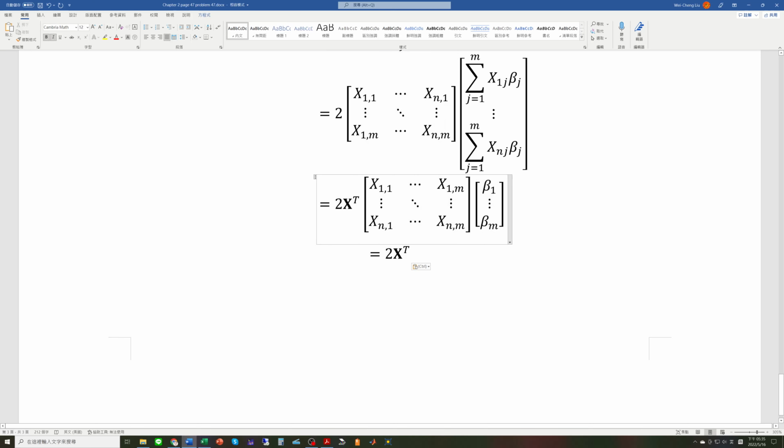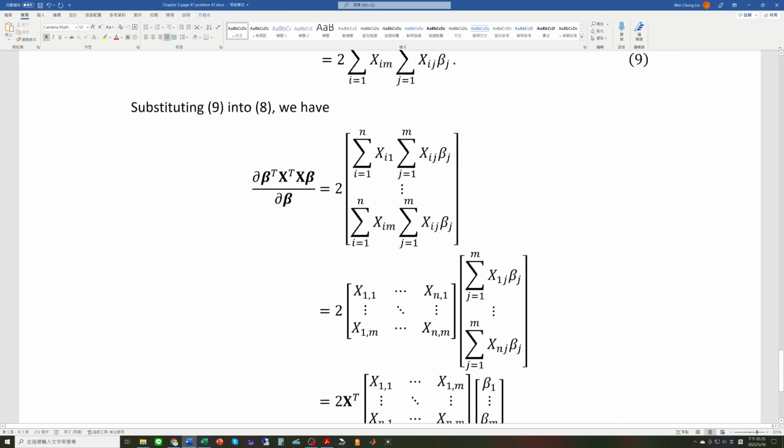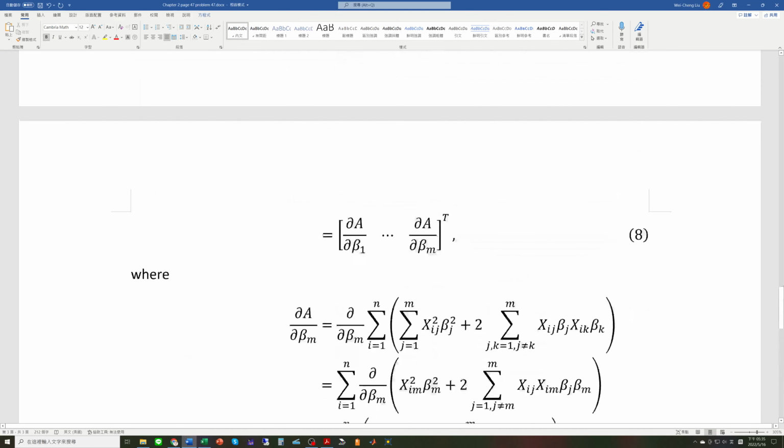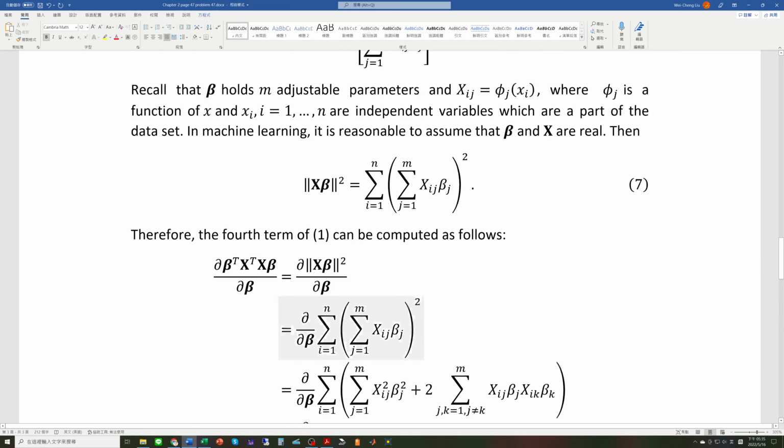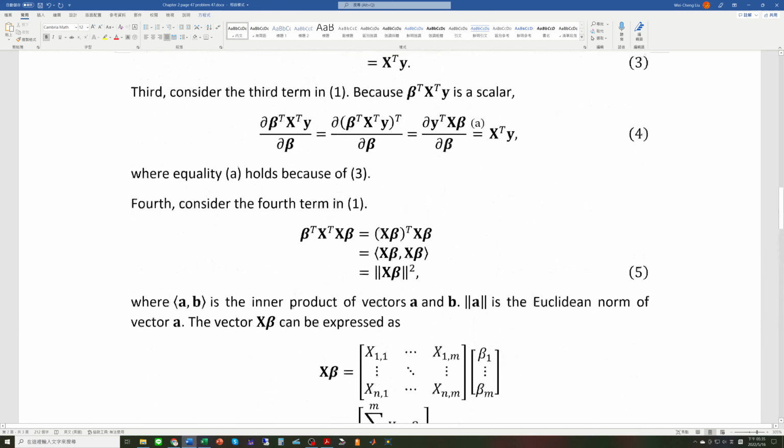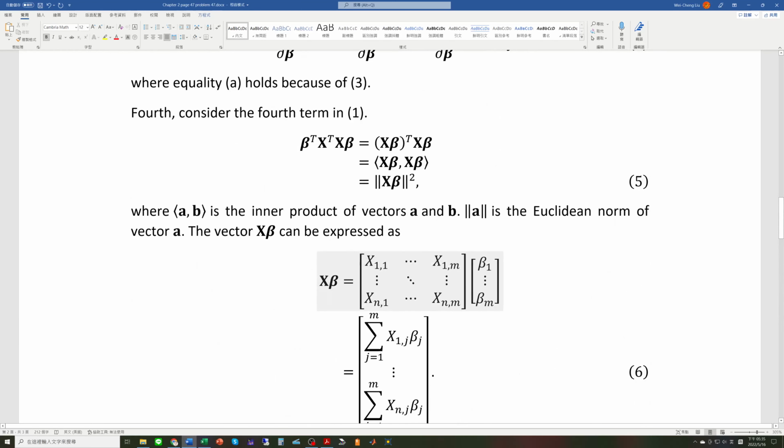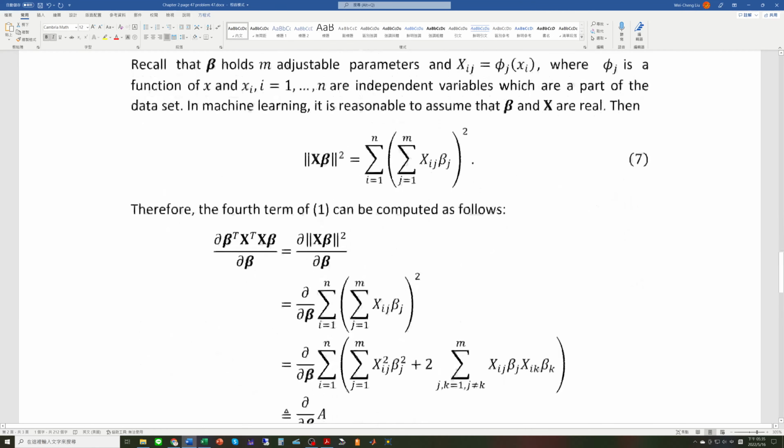So this matrix is equal to X. And this vector beta_1 to beta_m is equal to the vector beta.